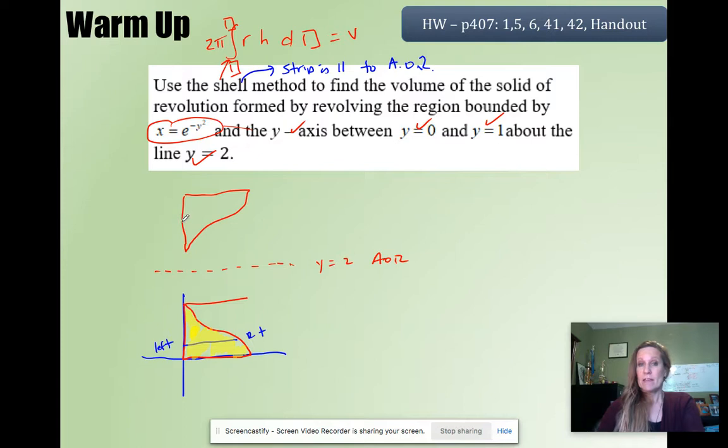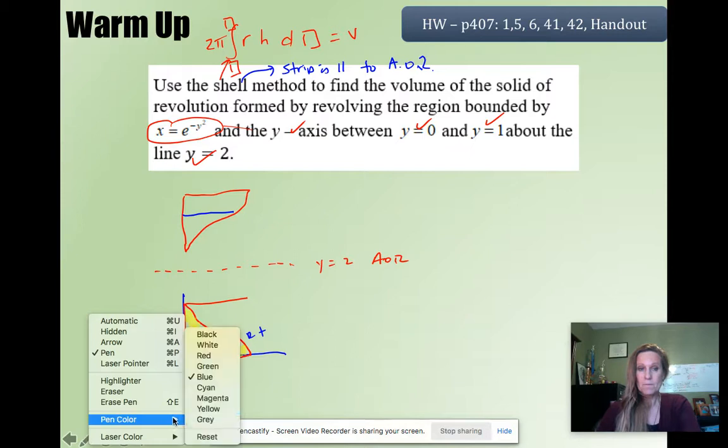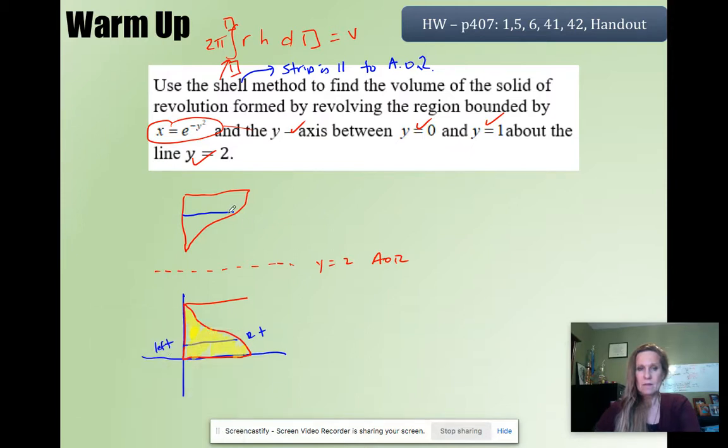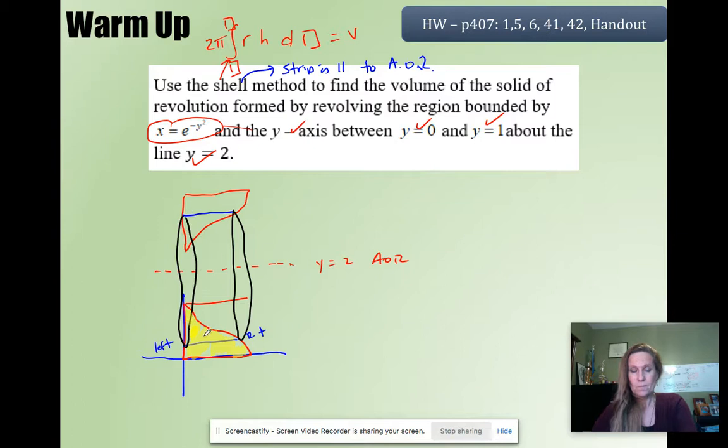Now I draw the image of my strip. And this time with shells, remember what I do? Create a cylinder. So there's that cylinder.